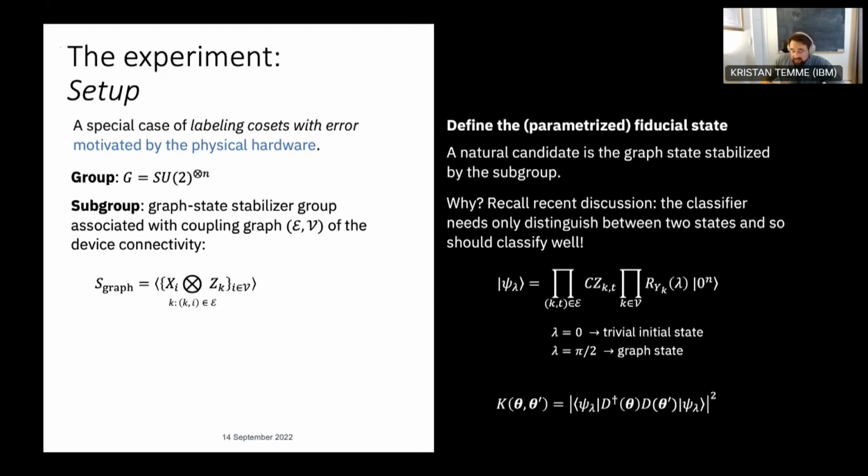And we can start our entire optimization in the kernel alignment procedure with an initial state that is rather far from said graph state, and try to explore whether, upon providing that circuit family, we are able to find said good candidate state.